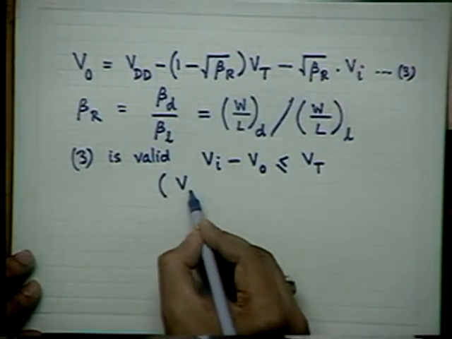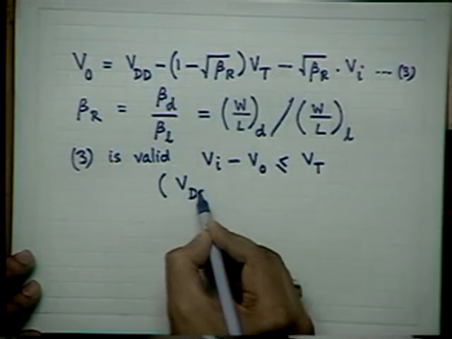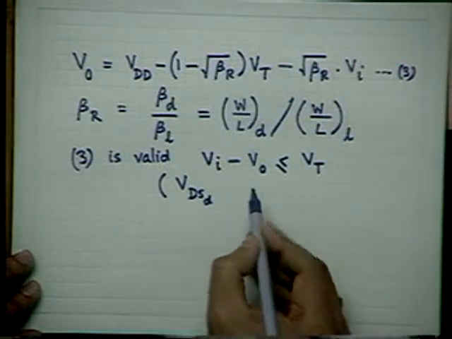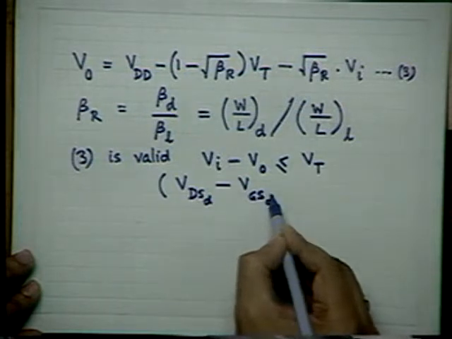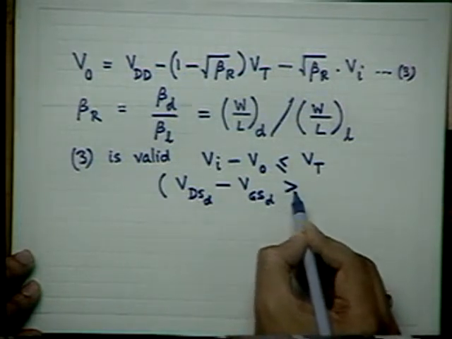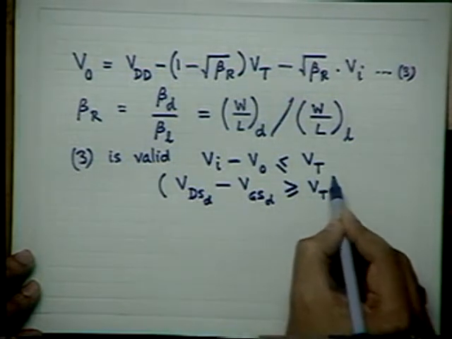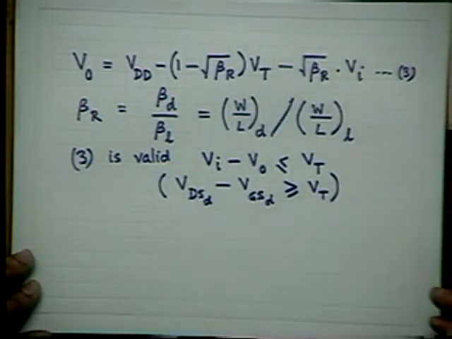I'm assuming that VDS of driver minus VGS of driver should be greater than or equal to the threshold voltage in order to ensure the saturation region of the driver transistor, because otherwise this is not valid. I have to keep the driver in saturation, then only it is valid.